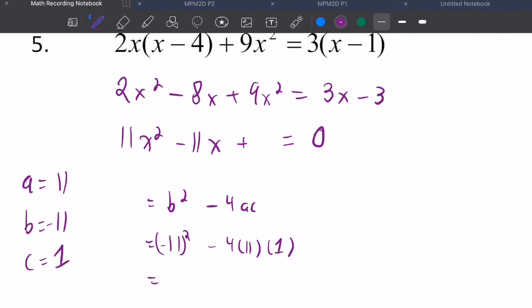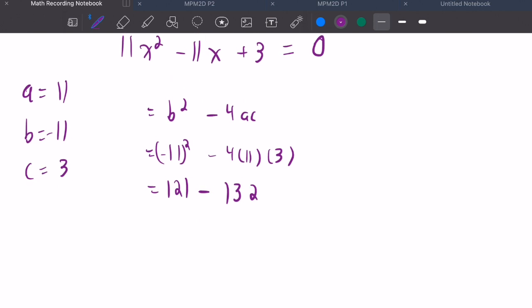Remember always, guys, check your signs, make sure you're distributing properly. Let's just fix this. Excellent. So what we end up getting is 121 minus 132, which gives us negative 11. Therefore, since this is negative, there are no roots.